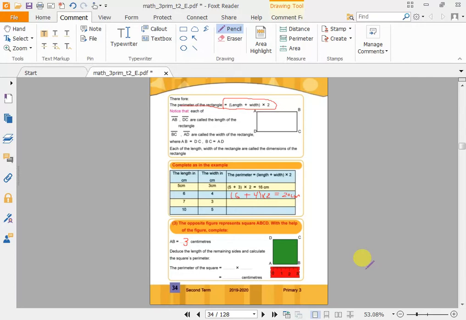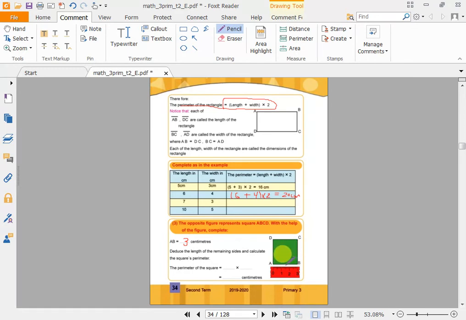We know the properties of a square: all its side lengths are equal. So we can say that AB equals BC equals CD equals DA. All the side lengths are equal.